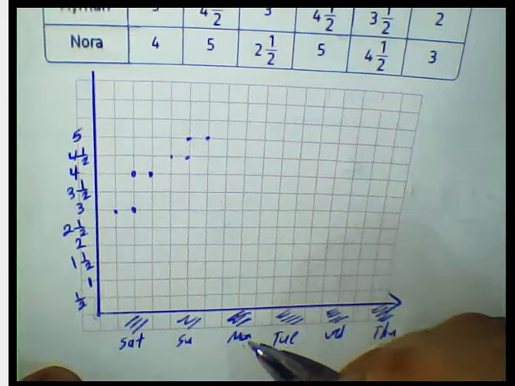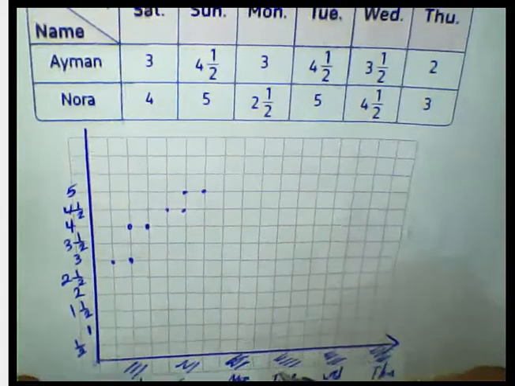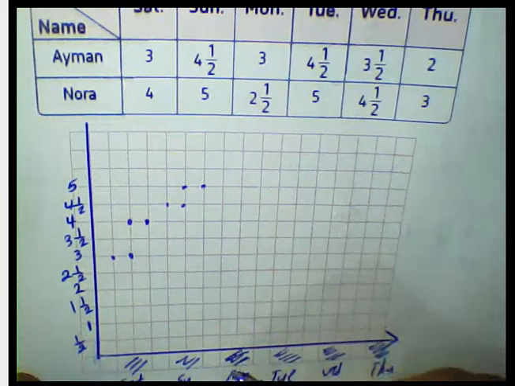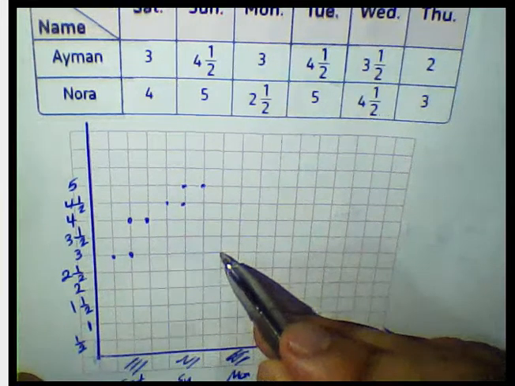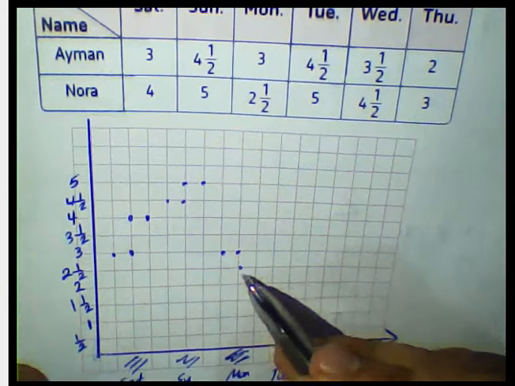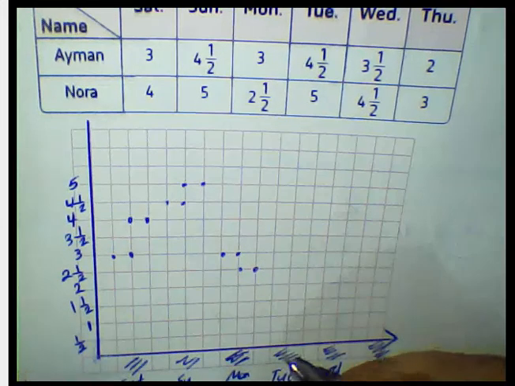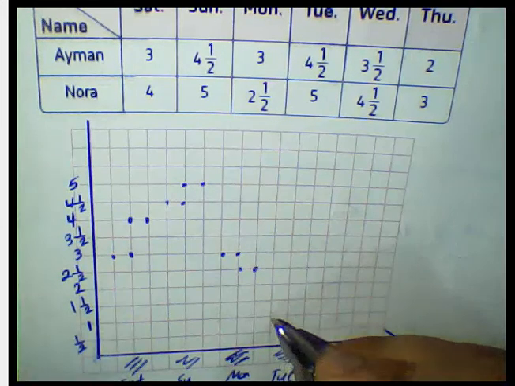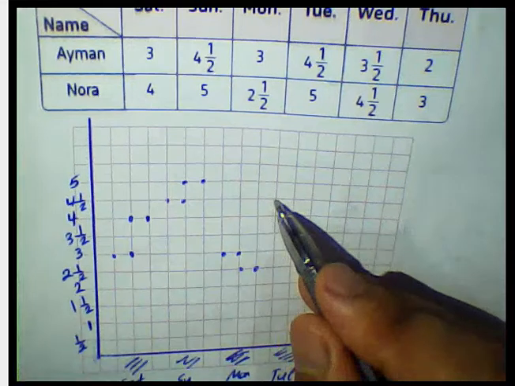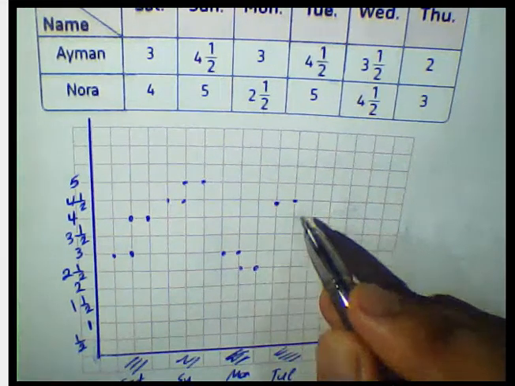And what about Monday? Monday 3 and 2.5. Tuesday 4.5 and 5.